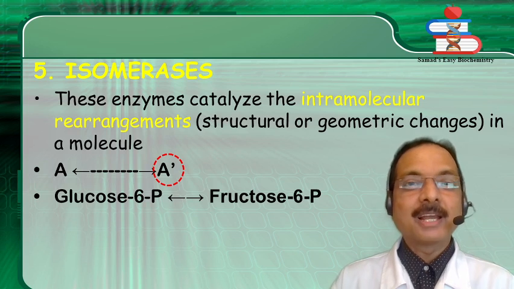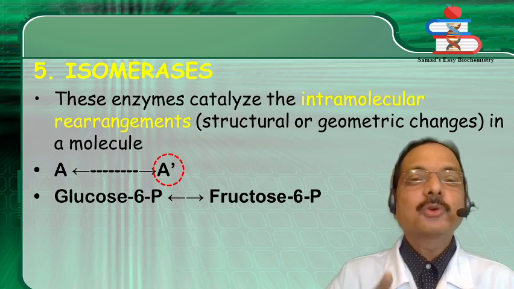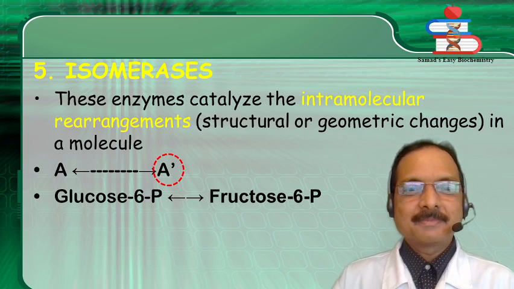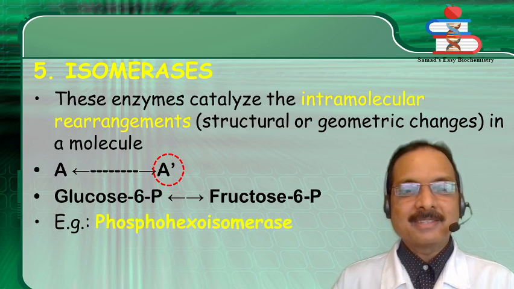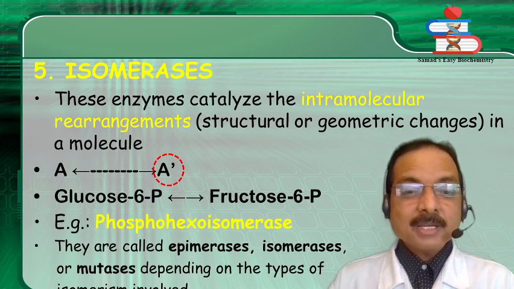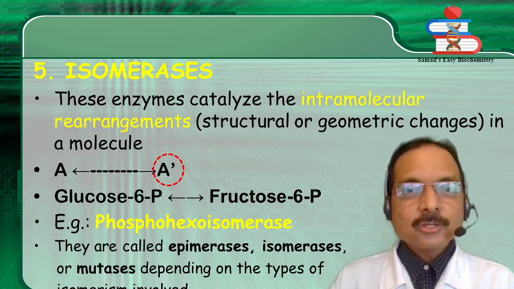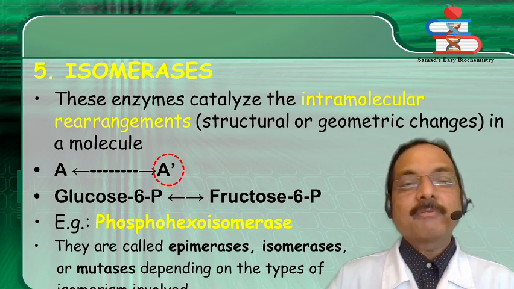Example, again one of the glycolytic steps. Glucose 6-phosphate is converted to fructose 6-phosphate. Name of enzyme, phosphohexoisomerase. Now the enzymes are called epimerases, isomerases or mutases depending on the type of isomerism involved.